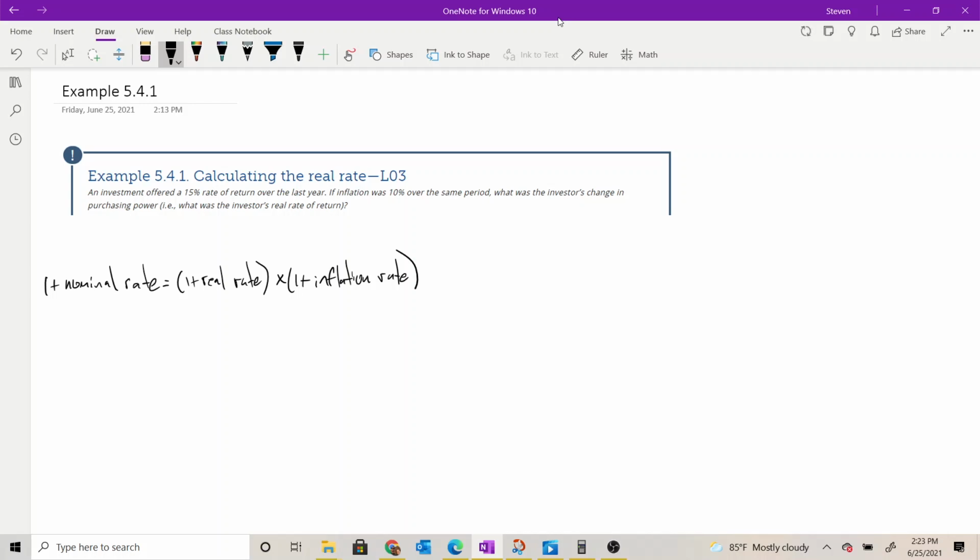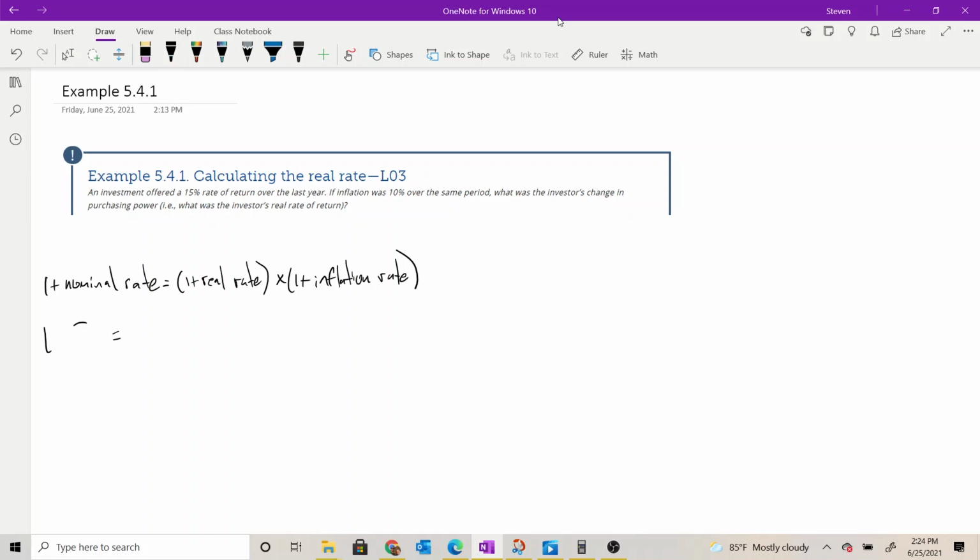So for this one, we can go ahead and plug in what we know. The investment offered a 15% rate of return. That's the rate of return that we see. That's the nominal rate. 15% expressed as a decimal is 0.15. So 1 plus 0.15 is 1.15. So 1 plus the nominal rate is 1.15.